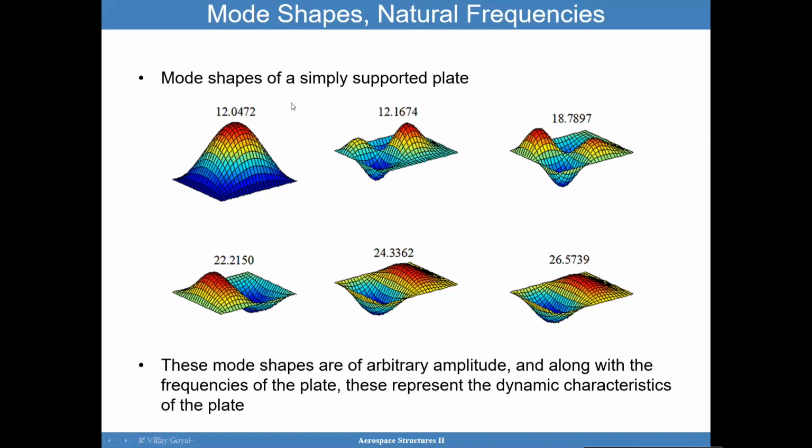And so here's the plate as an example that I have given earlier, and these numbers are given in hertz. The point I want to make is that these are fundamental shapes that the structure can take when it's vibrating at a particular frequency.